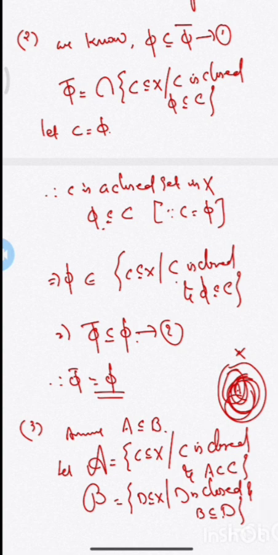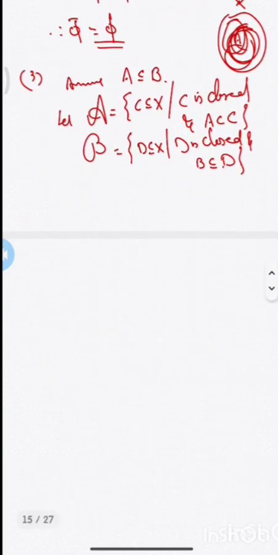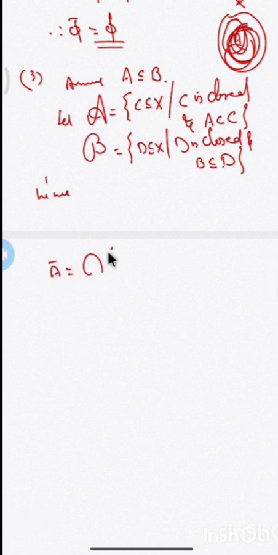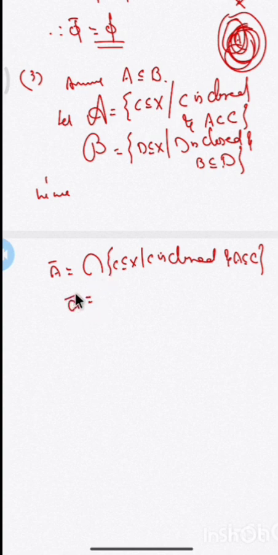Okay. Then we know the definition of A closure and B closure. A closure is equal to the intersection of all C subset of X such that C is closed and A contained in C, and this I denoted as script A. So A closure can be written as the intersection of script A. Then B closure can be written as the intersection of script B. This is the definition of B closure.